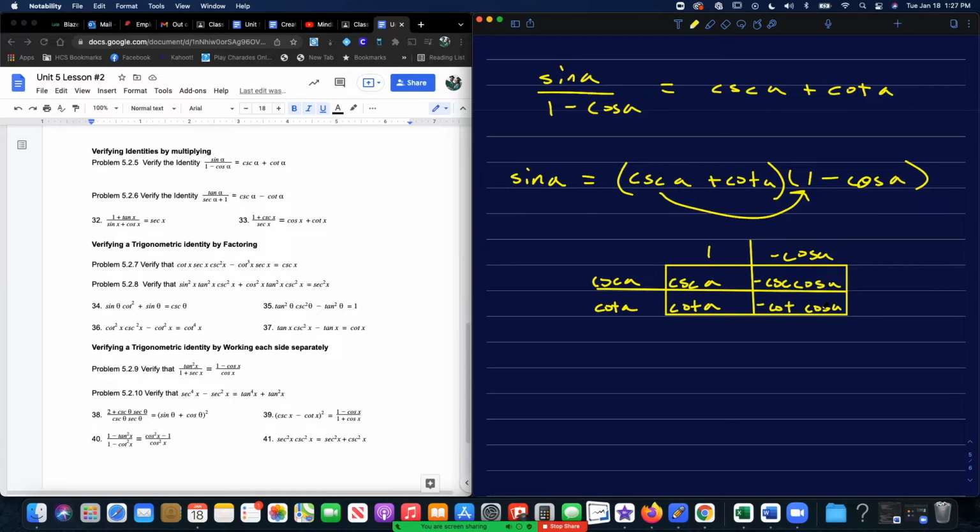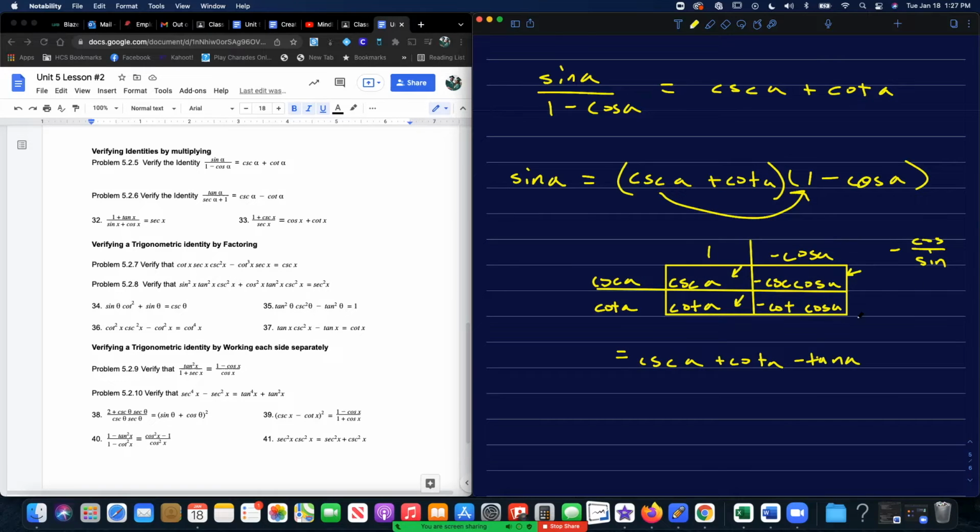Now, for just a quick second, let's think about it. Cosecant cosine is really going to be negative cosine over sine, right? Because cosecant is 1 over sine. So basically, it's negative tangent. So what we're going to say here is cosecant of alpha plus cotangent of alpha minus tangent of alpha.